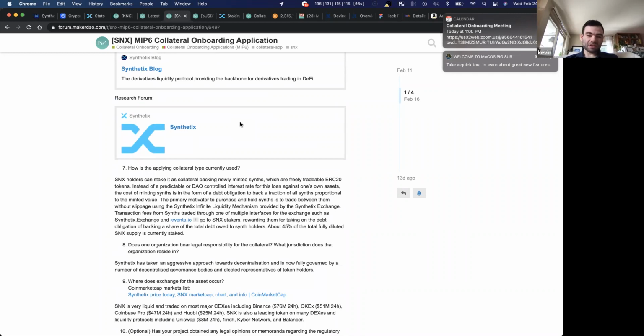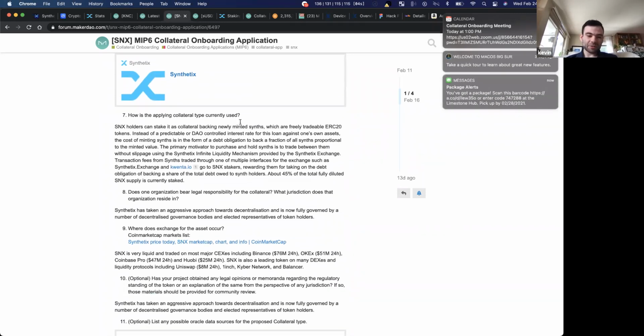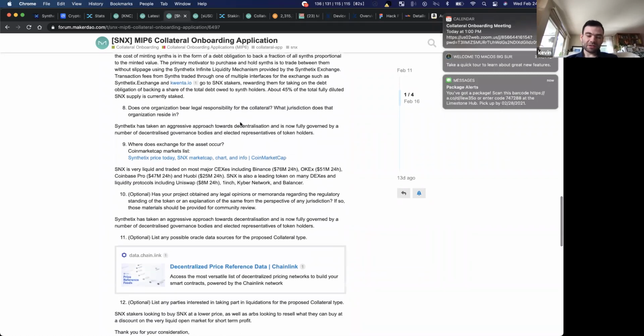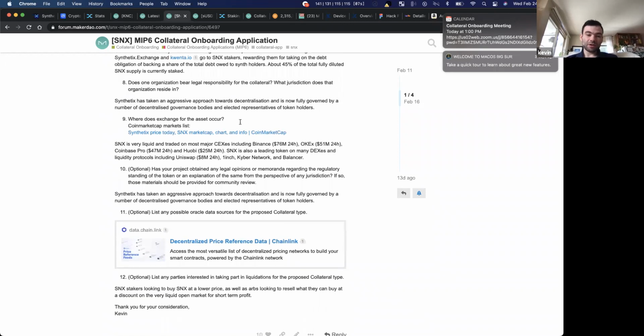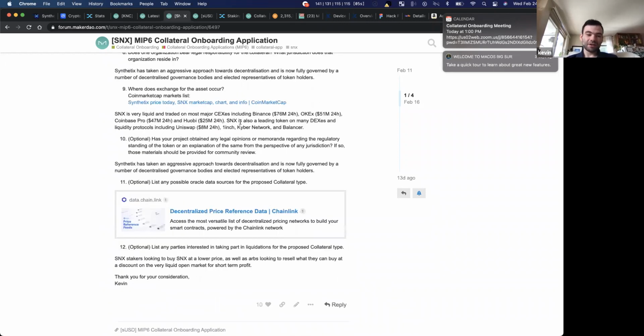It's as liquid as Maker, with a market cap as big as Maker. In terms of several of the assets that have been added as DAI collateral recently, Synthetix is a much stronger collateral.